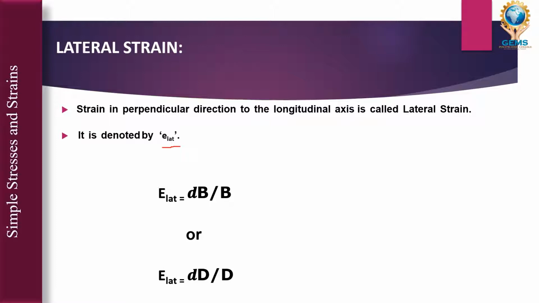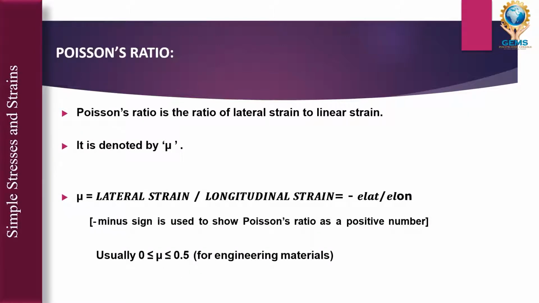Now we will see our next slide, which is Poisson's ratio. Poisson's ratio is very important while solving numerical problems in engineering materials. So what is Poisson's ratio? The ratio of lateral strain to the longitudinal strain is known as Poisson's ratio. Here, Poisson's ratio is the ratio of lateral strain to linear strain.